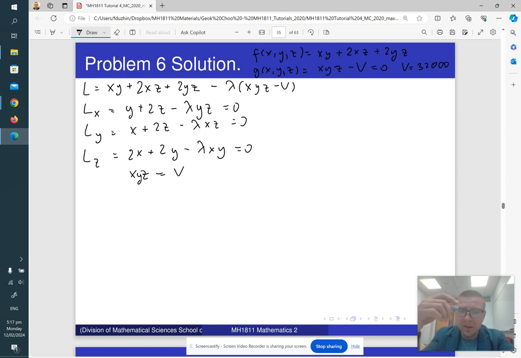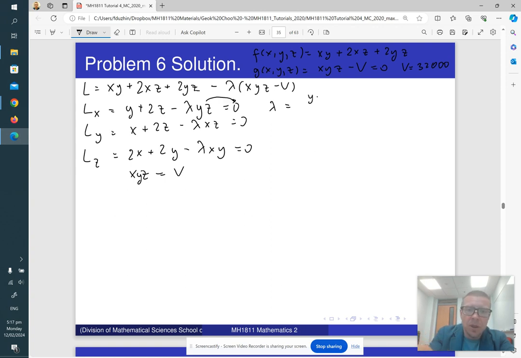And usually, well, it's not always, but very often it is a good idea to solve for lambda and to exclude lambda from the system of equations, right? So let me do this. So I'm going to solve for lambda in the first equation. The first equation is moving this term to the right hand side and divided by yz.